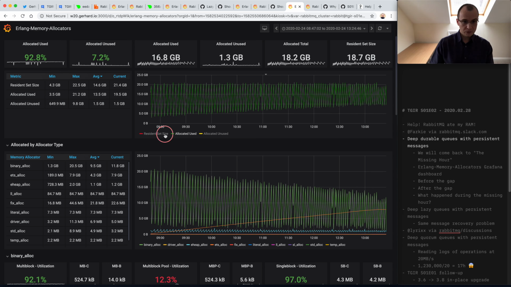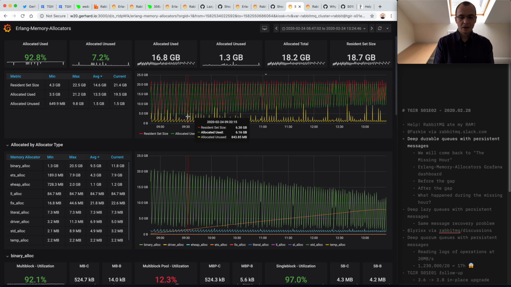The important thing to pay attention to is the relationship between the resident set size, which is what the operating system knows that the Erlang VM process is using, and the allocated used, which is what the Erlang VM has allocated to different things happening inside.